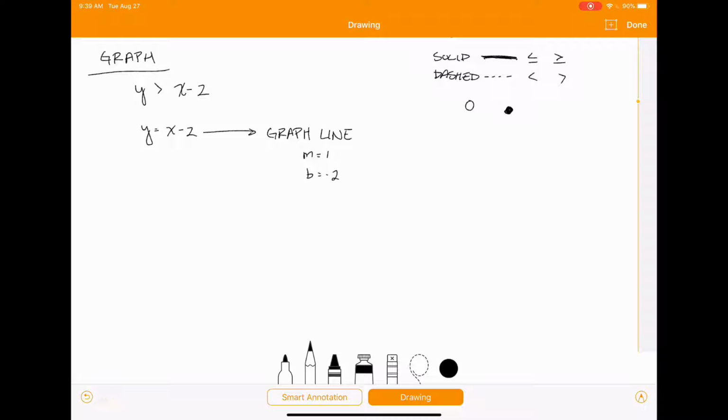Same as with our dashed and our solid lines right here. If you're going to include those values, so it's also equal to those values, then use a solid line. If not, you're going to use a dashed line. So in this case, we've got a greater than sign with no equal associated with it. Therefore, we're going to use a dashed line when we graph this line.